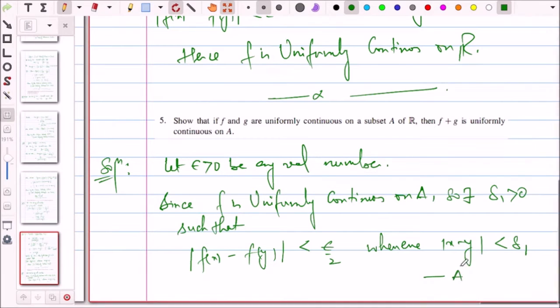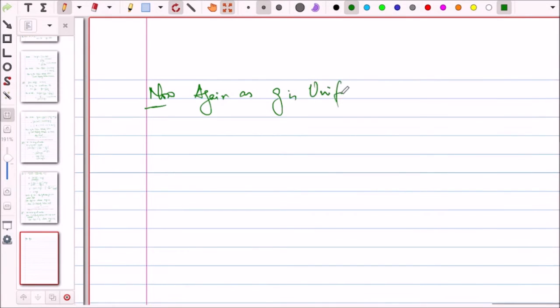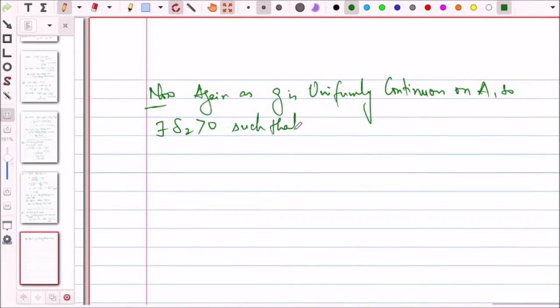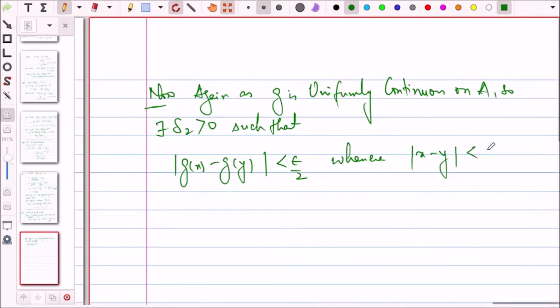Mark it as A. Now again, as g is uniformly continuous on A, there exists delta 2 greater than 0 such that |g(x) - g(y)| is less than epsilon by 2 whenever |x - y| is less than delta 2.